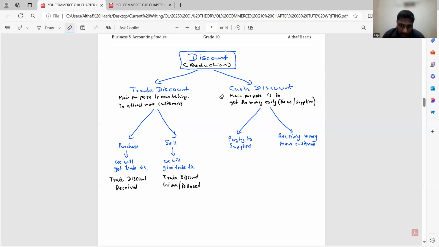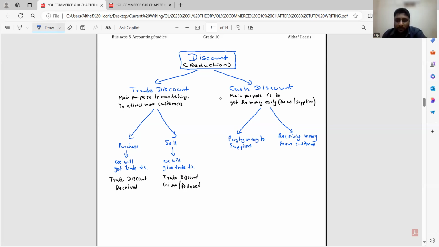Paying money to suppliers. For these people only we say creditors. This is only debtors.